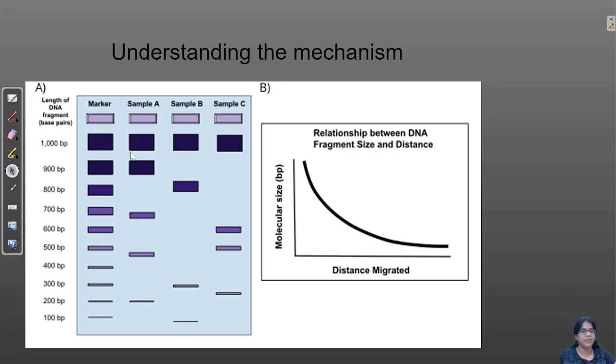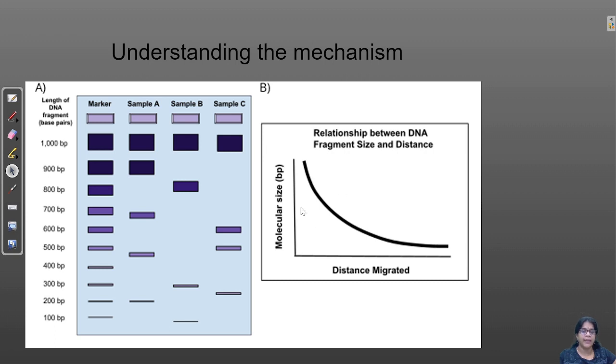It's not one strand. All the strands of the same molecular weight will come under this band. If you got 5 to 10 fragments of 900 base pairs, then they will get stopped here. This is how you have to understand the mechanism.